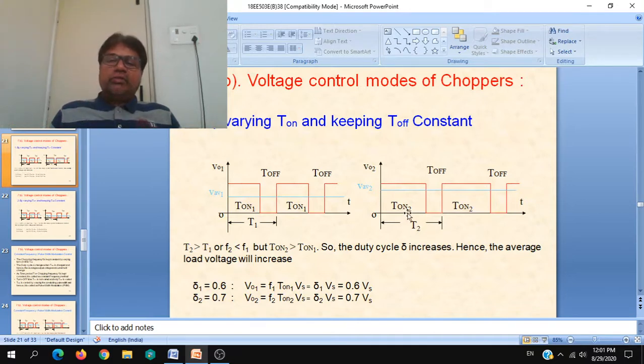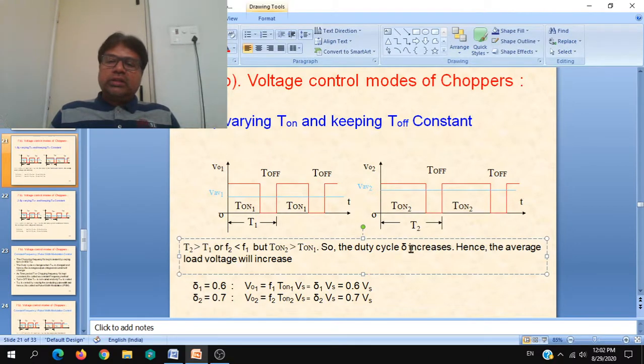Frequency is less, but what is happening over here? Turn on time is more. In this case, turn on time is more, which means duty cycle delta will be more. As delta is more, output voltage, or voltage which is fed to the load, will be more.